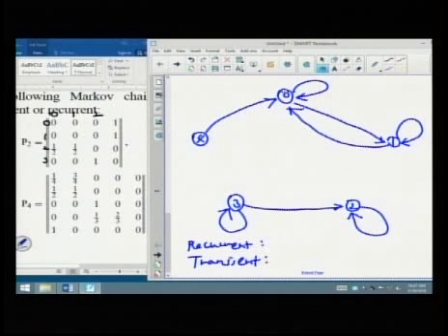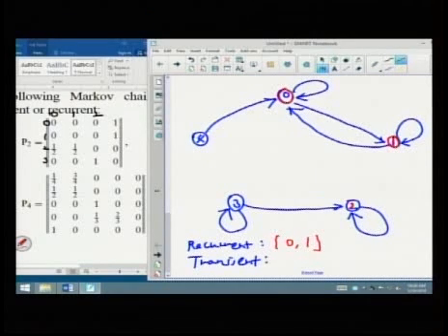So up here, you can see that states 0 and 1 communicate, right? So here, 0 and 1 are recurrent, obvious, right? What other states are recurrent? 2, right, here?